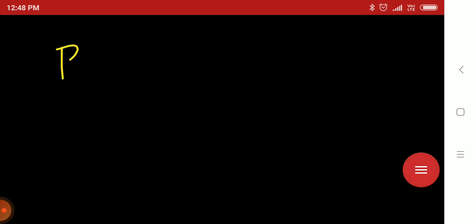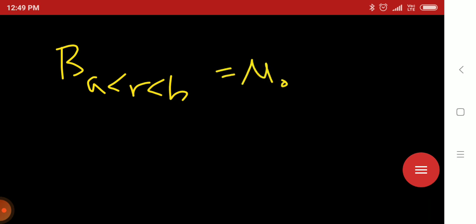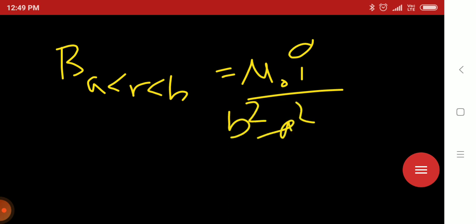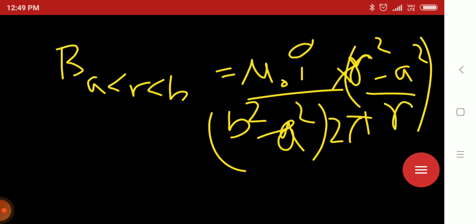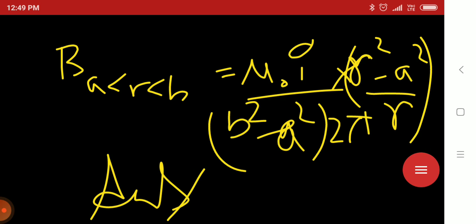So the magnetic field at A less than r less than B is mu naught I by b square minus a square, into r square minus a square by 2 pi r. That's the answer.